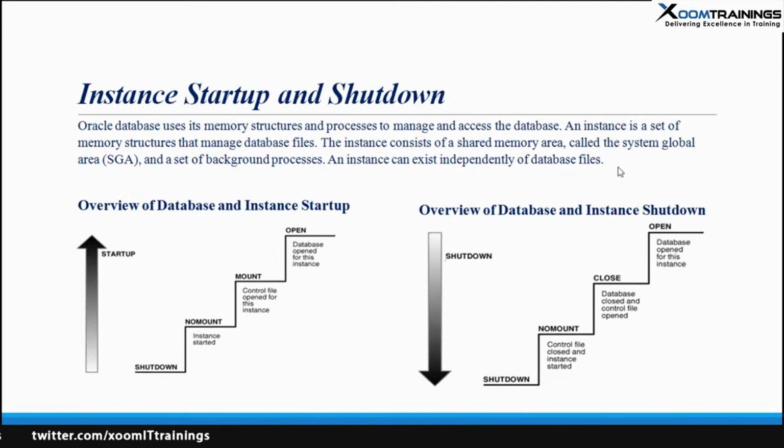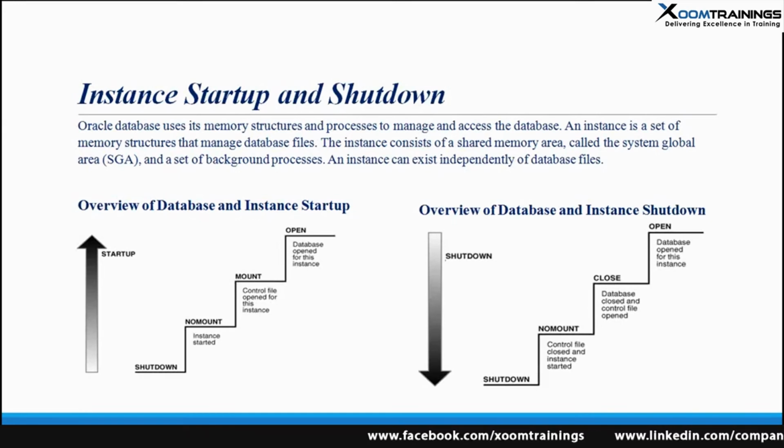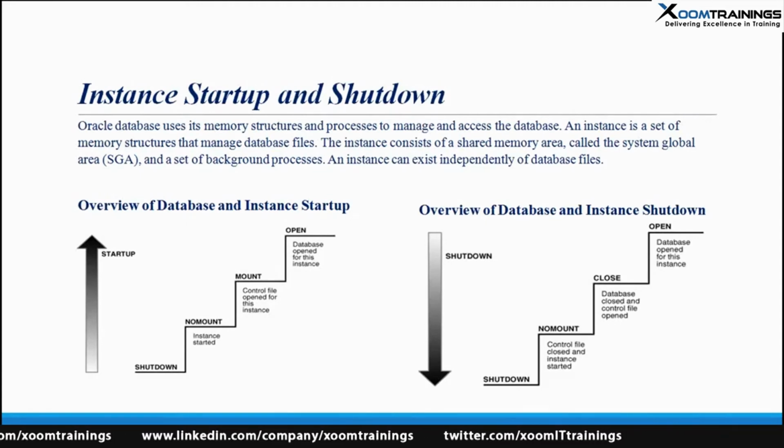Now what happens when we shut down? Shutdown also has a straightforward command, that is shutdown. It also has 4 kinds: the normal shutdown, shutdown immediate, shutdown transactional, and shutdown abort. They have different functionalities.